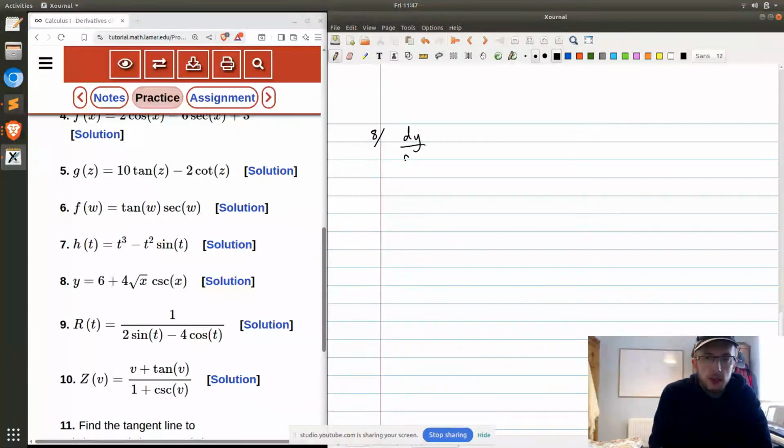Okay, so dy by dx is the constant vanishes, and then we have to apply the product rule to this, and that is 4x to the half. So differentiating the first one, we get that, and we leave the second function alone, and then differentiating the second one, minus cosec x cot x.